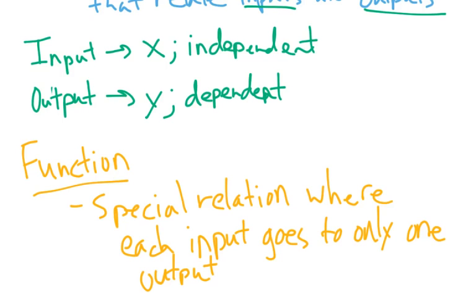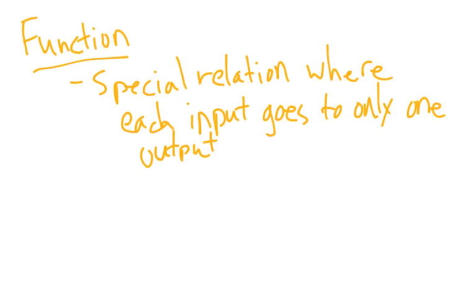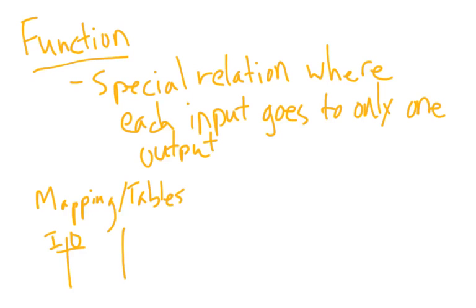Now, functions can be displayed in several different ways. We have mappings or tables, where we either go with something like I and O for input and output, or we have an x and a y. Sometimes we use ovals, and then same thing, I and O, and then we connect some dots.